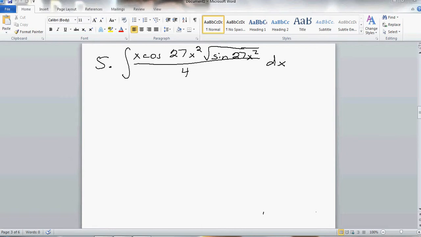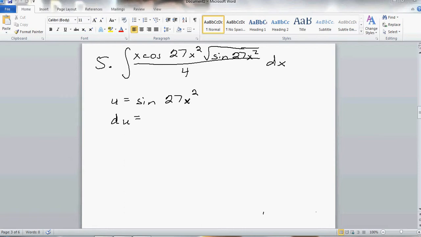Now we look at what is the most complex part, and the most complex part here is this part right here, just that part right there. Take what's on the inside, and that's the sine of 27x squared. So we get u equals the sine of 27x squared. We immediately do this thing. Du equals the sine of 27x squared.